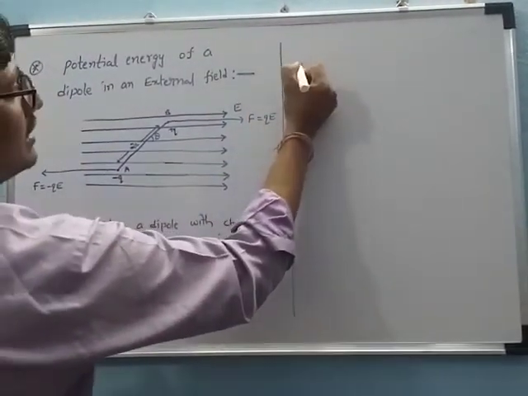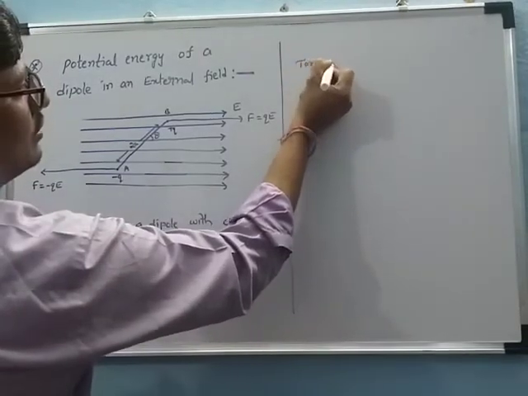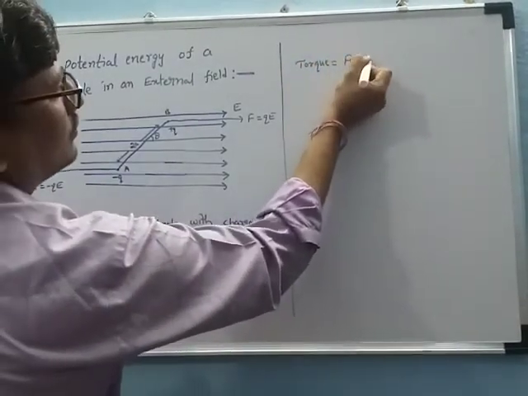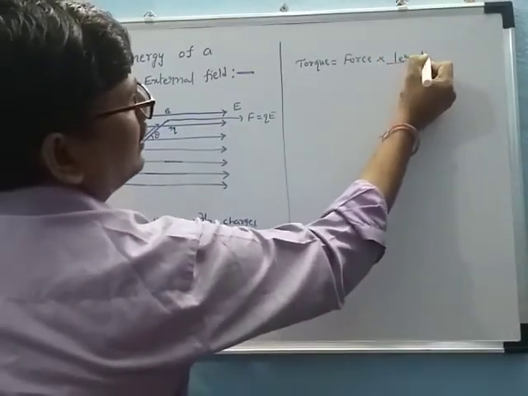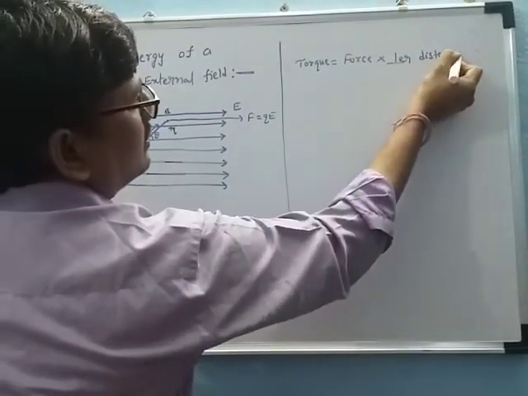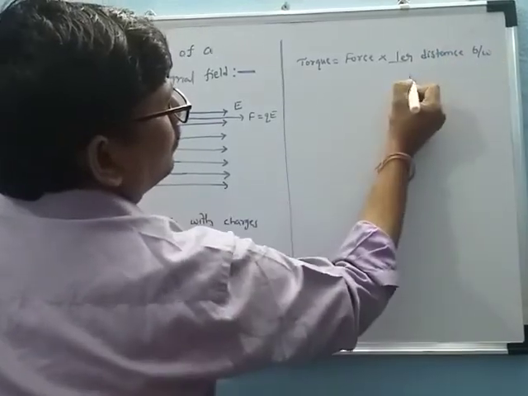What is the formula for the torque? Torque is equal to force into the perpendicular distance between the two forces.